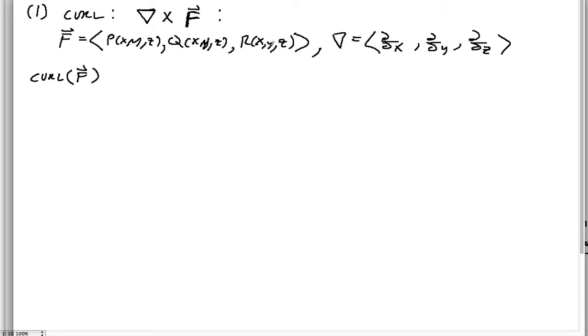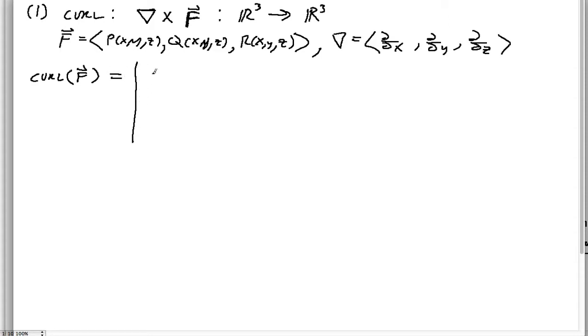Remember, when you put two vectors into a cross product, you get out another vector. So this really is a function from R3 to R3. The output is another vector. All right, so we can write this down.